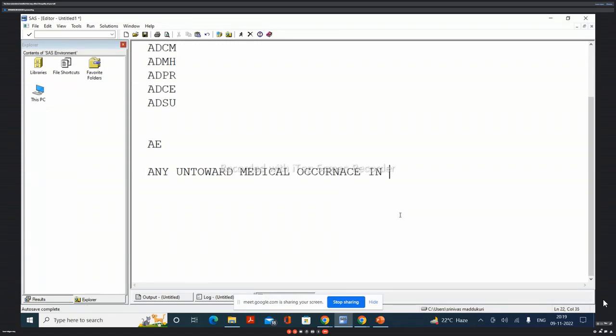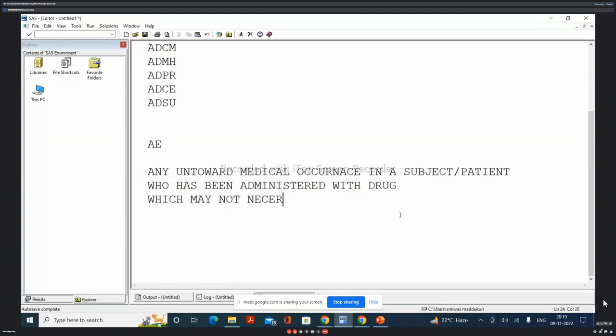in a subject or a patient who has been administered with a pharmaceutical drug, which may not necessarily have a causal relationship with the study drug.